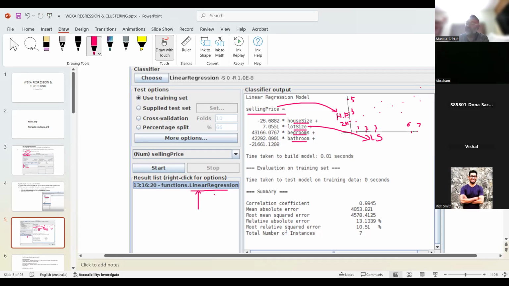Coming back to this example, based on these points, this particular algorithm of linear regression will try to make a line which tries to fit most of the points. I'll try to make a line which fits as many points as possible, or the points can be very close by. For example, I want to make a line, say, like this.